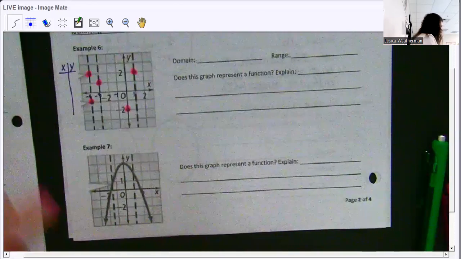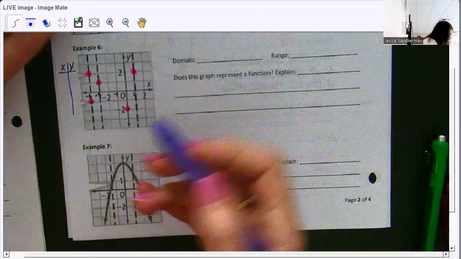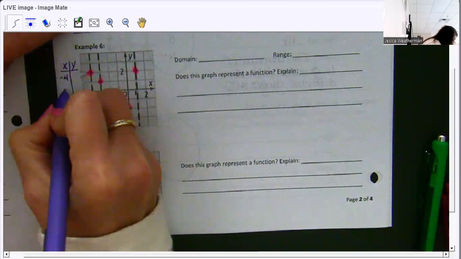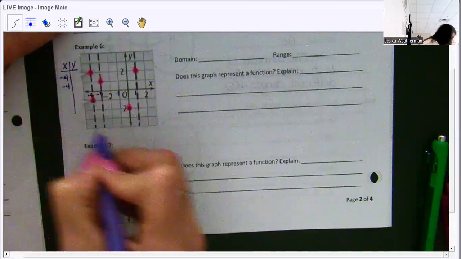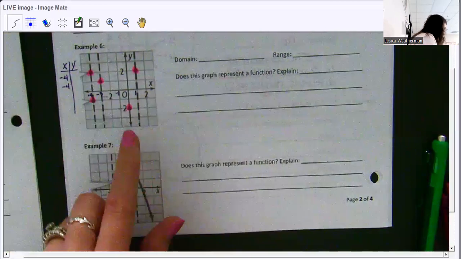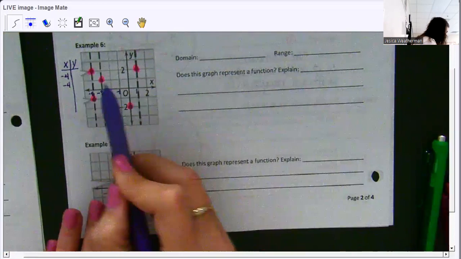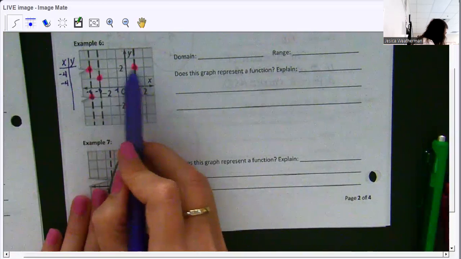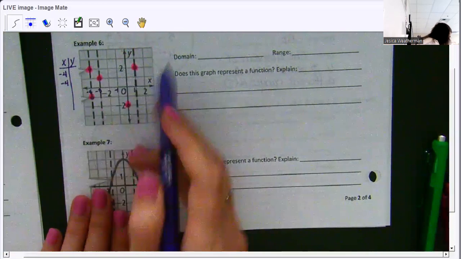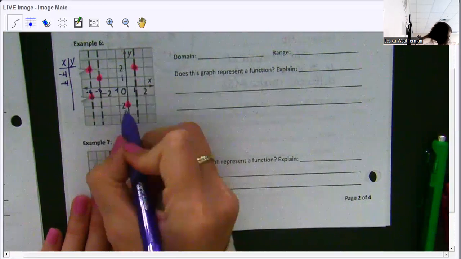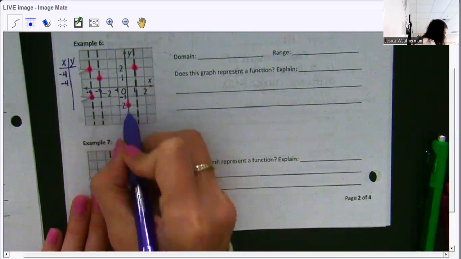Before I create my table, hold on. Before I do that, I want to show you something else. Your y values here are on the 2, on 1, on -1, and on -2.